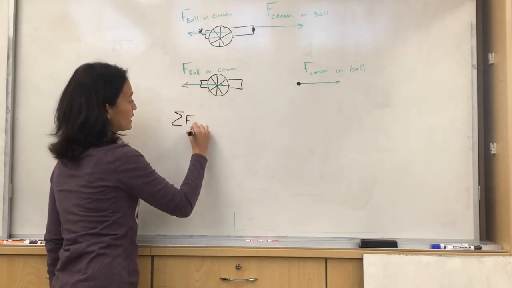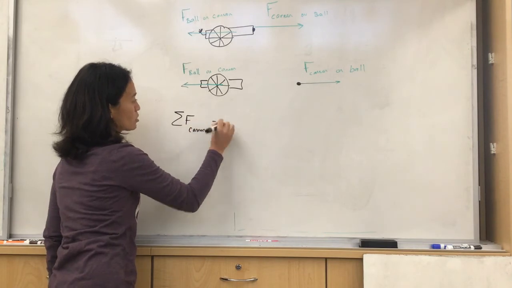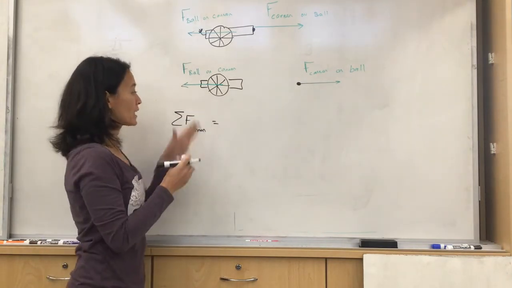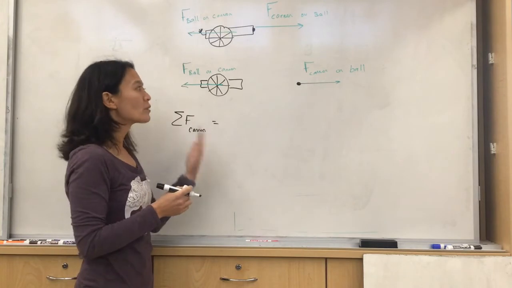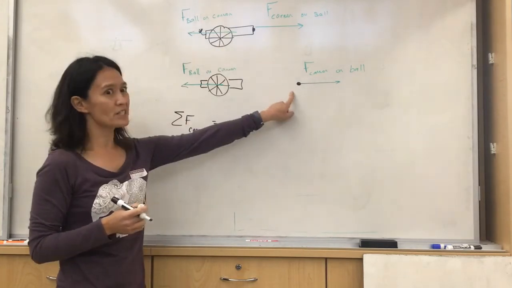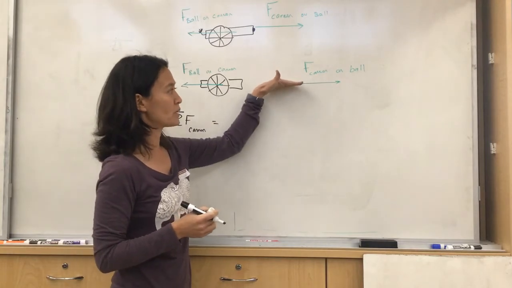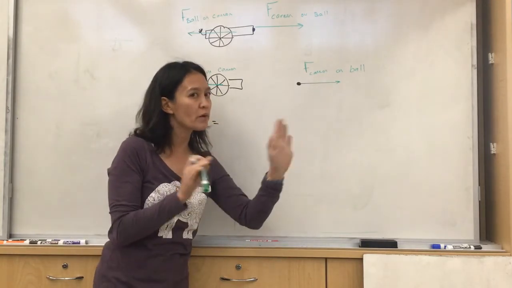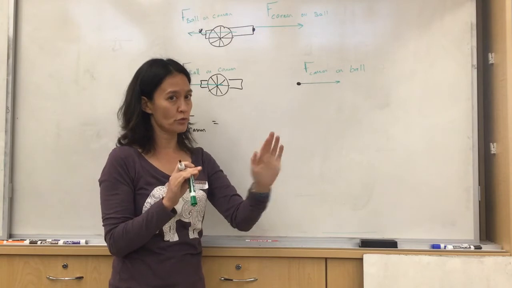Now if I think about the forces on my cannon, I'm looking at the sum of my forces on the cannon. I'm only going to look horizontally. I realize there's a weight vector, so it actually would be kind of a projectile, but I'm not worrying about vertical forces. I'm only going to worry about horizontal forces.